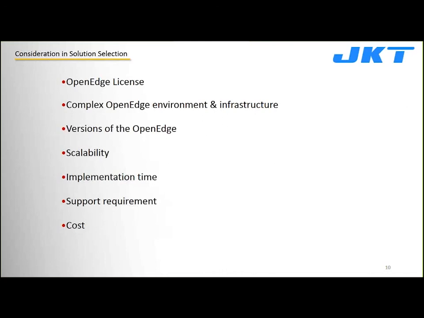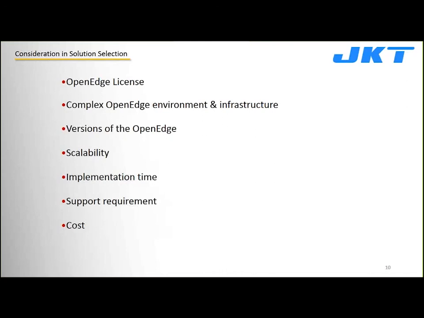So next is complex OpenEdge infrastructure, like application systems where the infrastructure is not up to date and frequently has connectivity problems along with database slowness. The third very important point to consider is the OpenEdge versioning of the application. Organizations are running their business applications on different versions for many reasons.